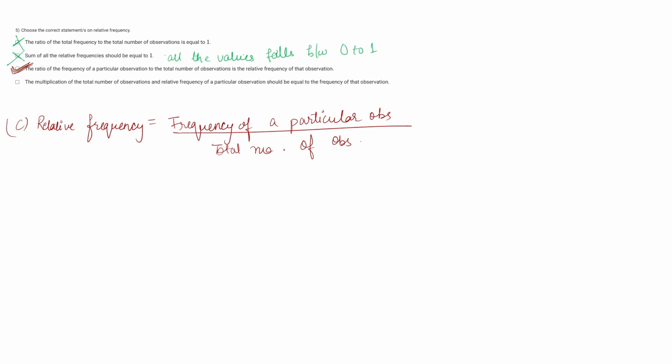Now the fourth point, the multiplication of the total number of observations and the relative frequency of a particular observation should be equal to the frequency of that observation. It is saying that total number of observations into relative frequency is equal to the frequency of a particular observation.